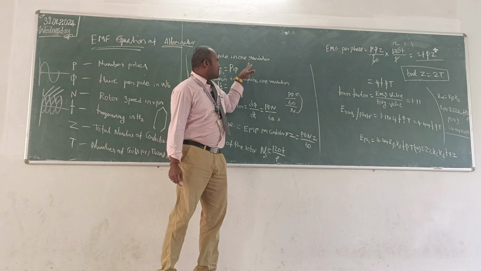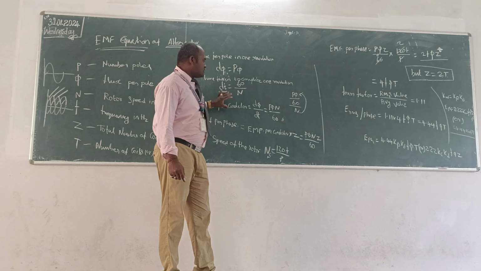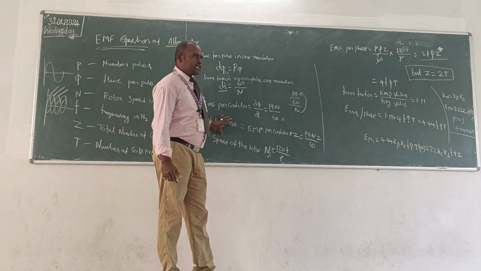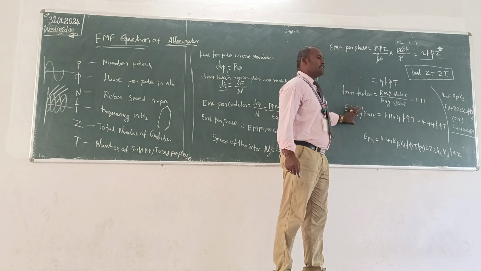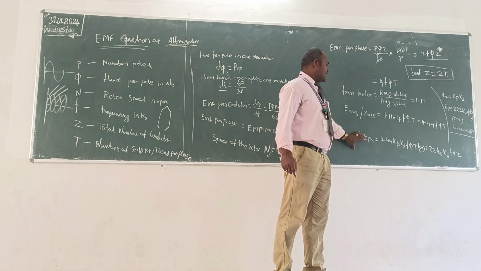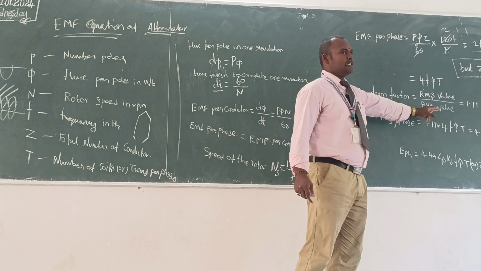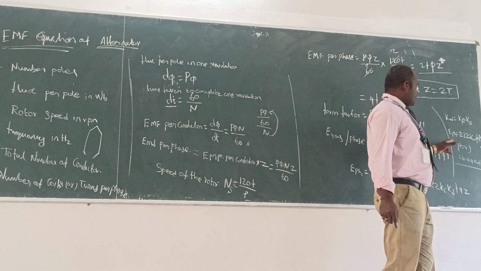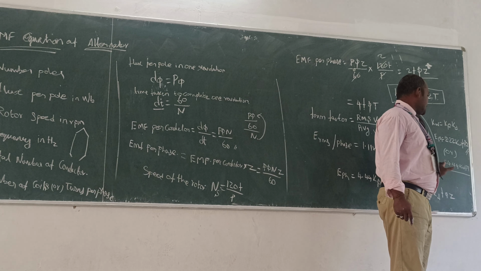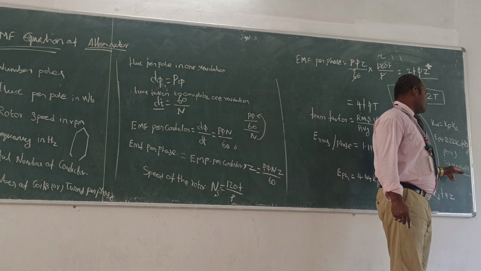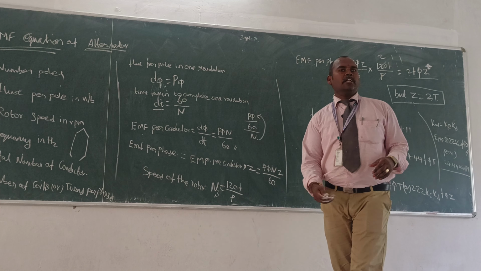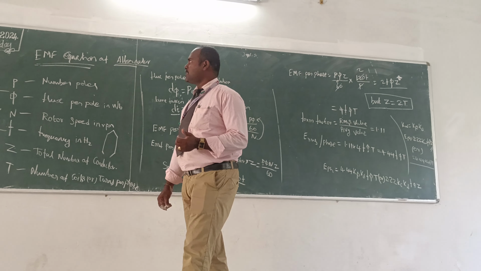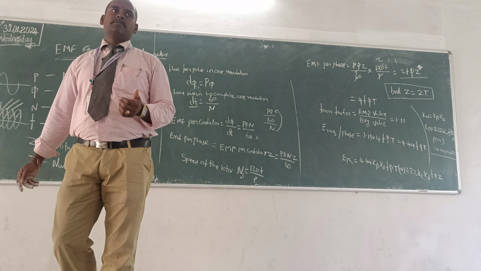Based on that, you consider one revolution, then one conductor, then conductors per phase, then the form factor, then finally the winding factor. The final EMF equation, E phase or E, is equal to 4.44 Kw F pi T. That is the final EMF equation of the 3-phase alternator. If you have doubts, you may ask now. Okay, thank you.